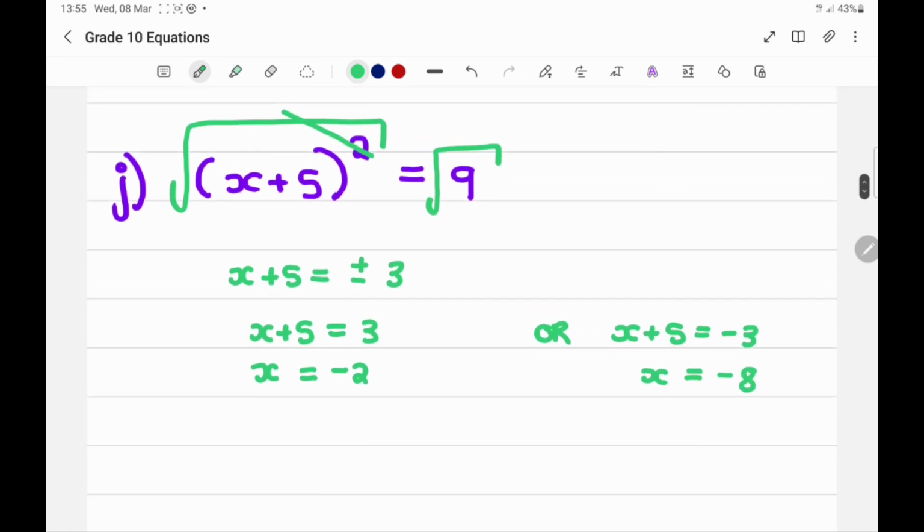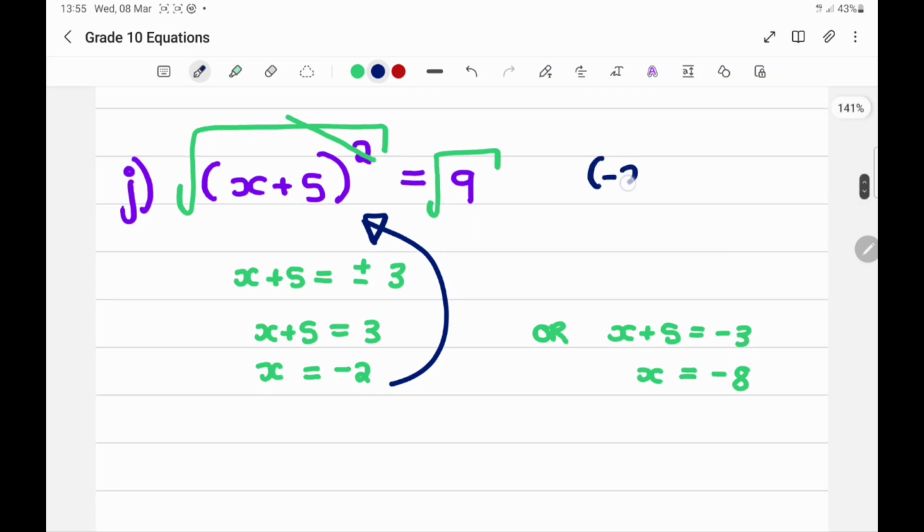All right, let's replace it back. I just want to quickly show you. If you take it back into the original, if I have x is negative 2, then negative 2 plus 5 squared, does it give me 9? Negative 2 plus 5 is 3, and 3 squared does give me 9. Now what if I've got negative 8 plus 5 squared?